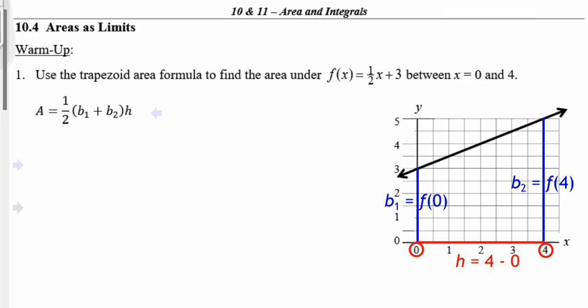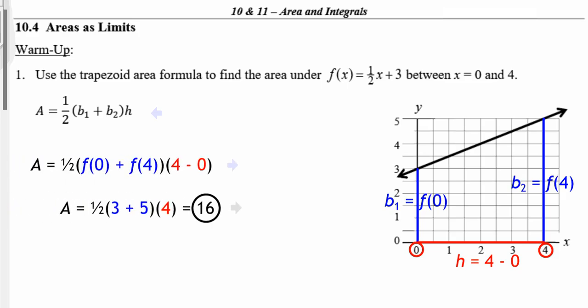So base 1 is 3, base 2 is 5, and when we plug that into the formula, and we have this h, which is 4, I'm going to get 16. And you also get 16? Yep. Okay. Is this the exact area under this line between the x-axis and the line? It is exact. All right.